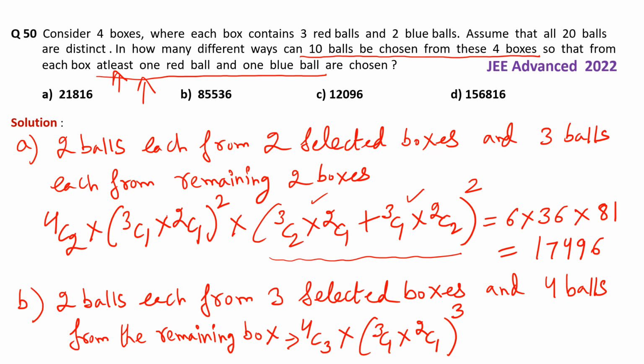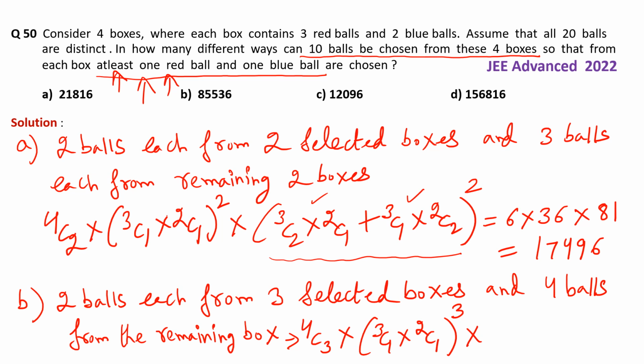Now students, we are just left with the last remaining box. From this box, we have to draw 4 balls, and again we have to keep this condition in mind. This can be done in how many ways?